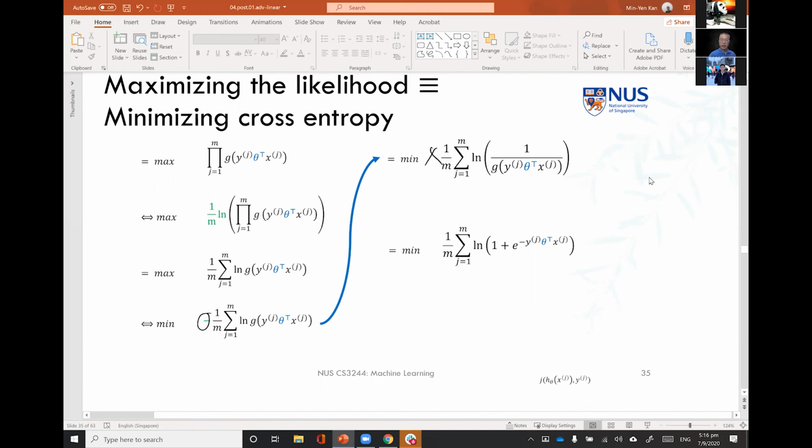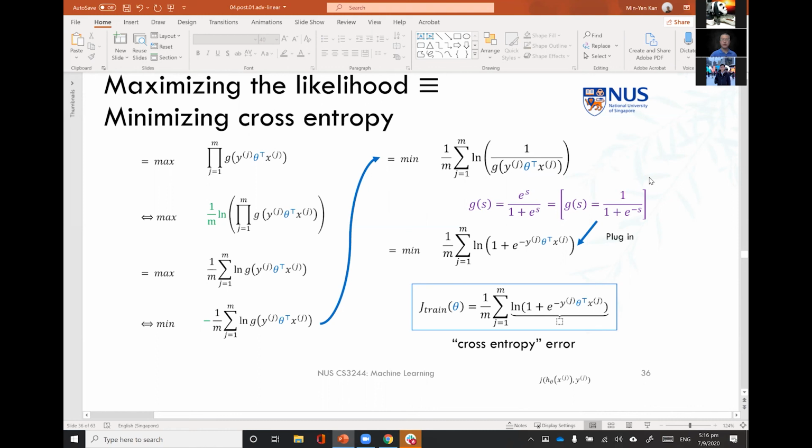And then I have this part. What I want to do is take this g function and treat it with the understanding of the logistic function. So I've just plugged in what I know about the logistic function. This is my actual g of s, so I have this as my s.